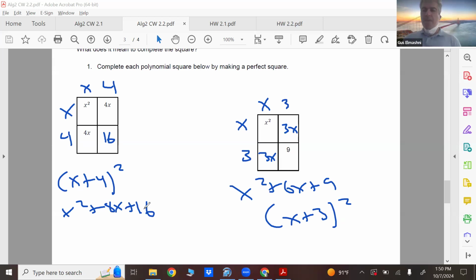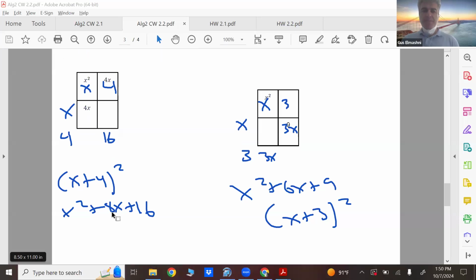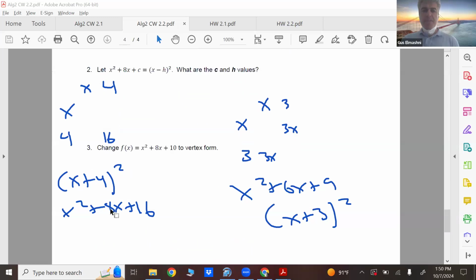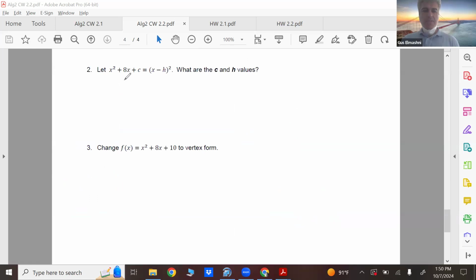But procedurally, you take half of b, square it, add to both sides. So we'll do the same thing here, right? Most likely, what's half of 8 then squared? Perfect, good.